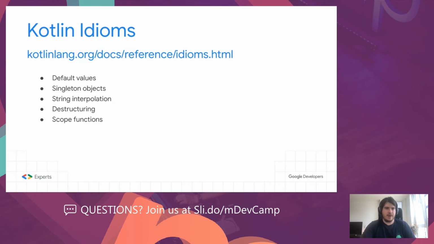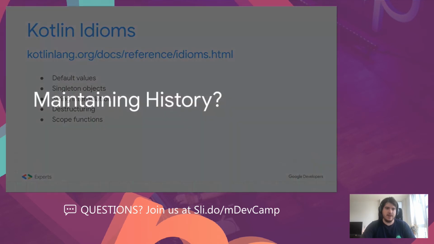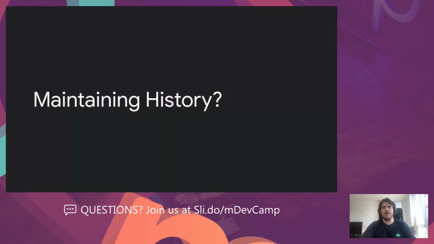A lot of questions I get about Kotlin or migrating to Kotlin is how to maintain the history, because you're effectively changing a lot of things in this file. So wouldn't the Git history or the Git blame be overwritten? And yeah, unfortunately, that is true. That's going to happen.